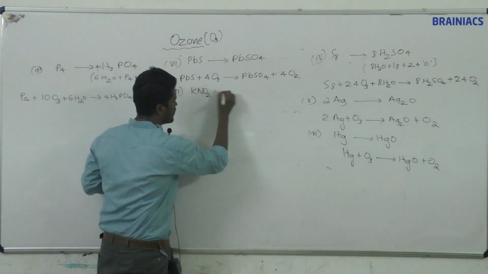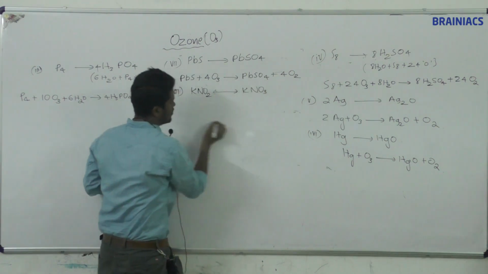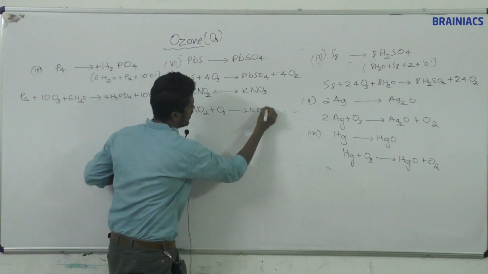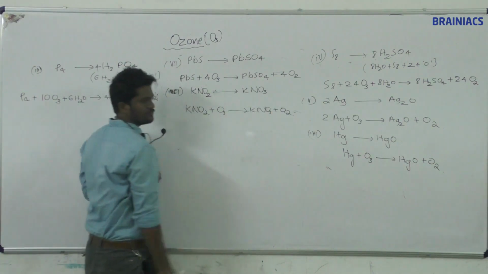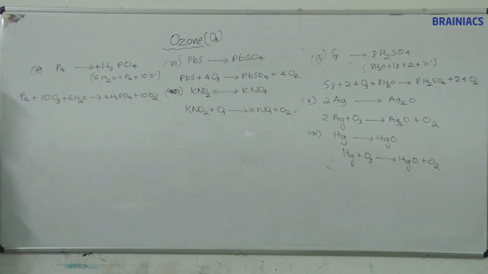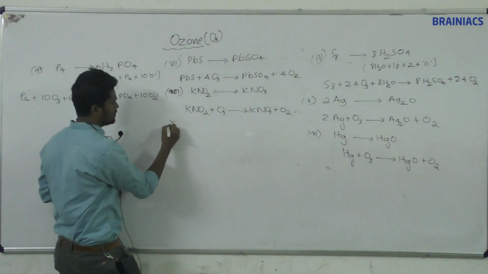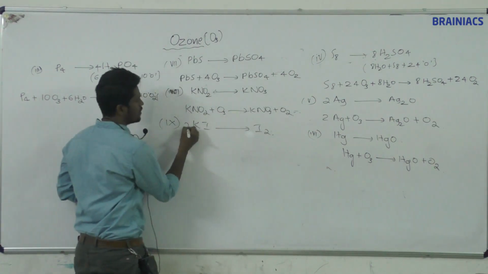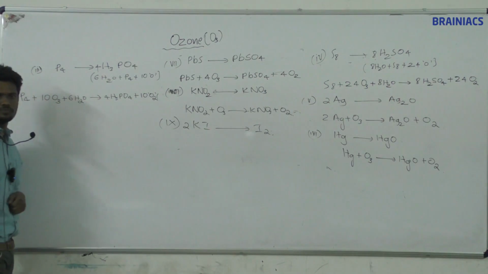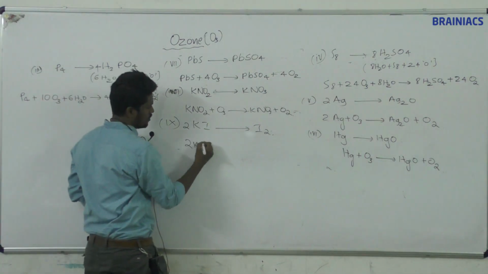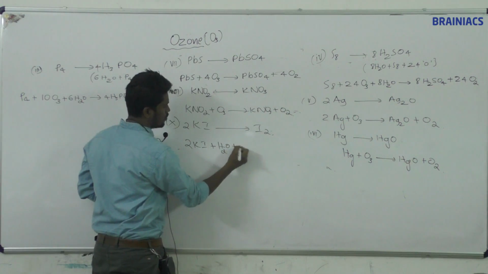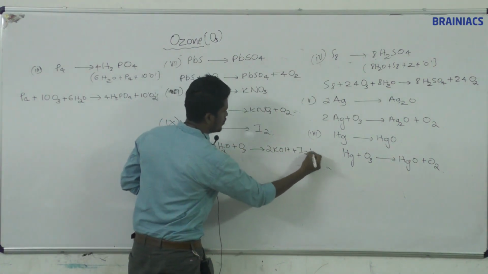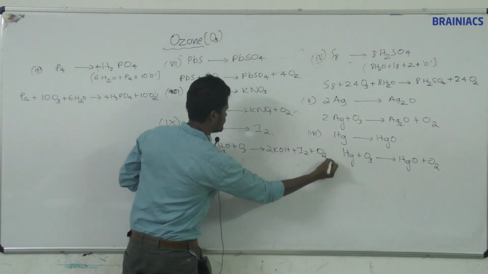KNO2 is converted into KNO3, so that is KNO2 plus ozone gives KNO3 plus O2. And in the same way it can convert KI into I2, that is, 2KI plus H2O plus ozone gives 2KOH plus I2 plus O2.